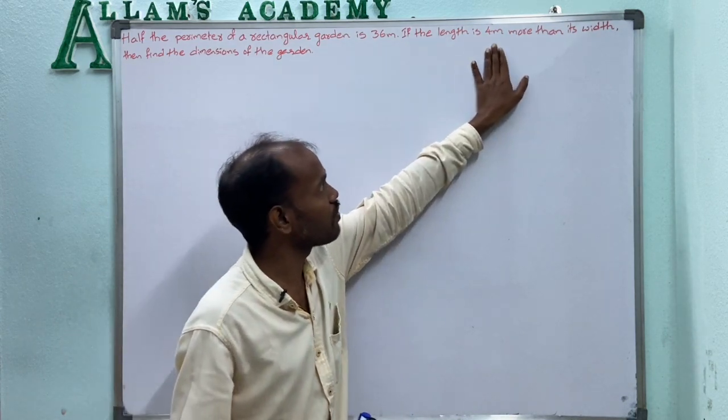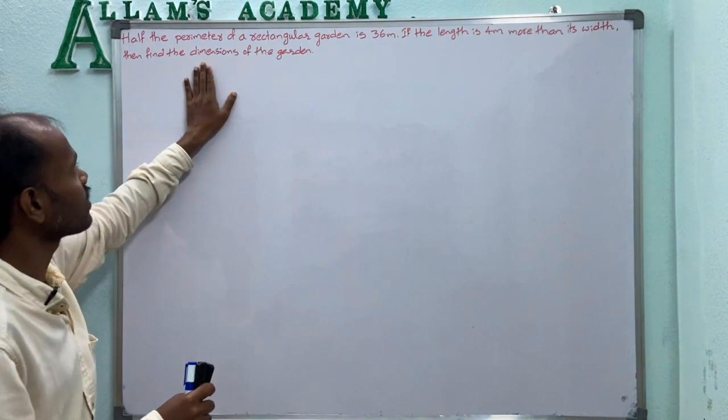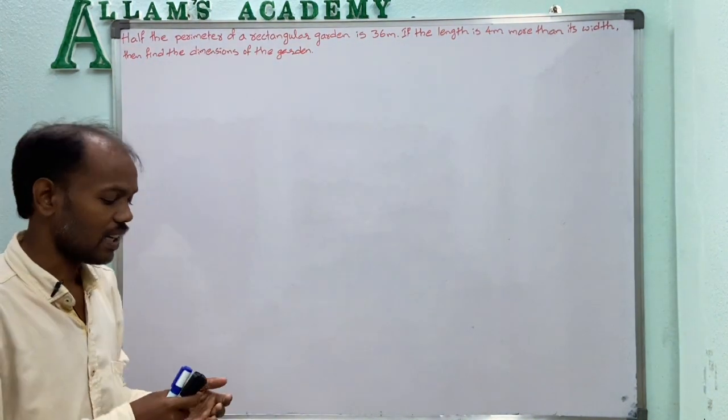Next problem: the perimeter of a rectangular garden is 36 meters. If the length is 4 meters more than its width, then find the dimensions of the garden.